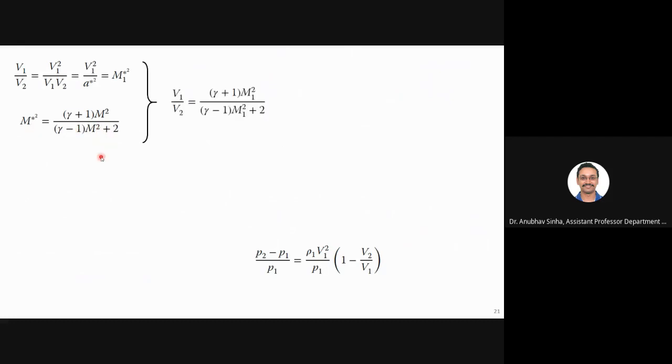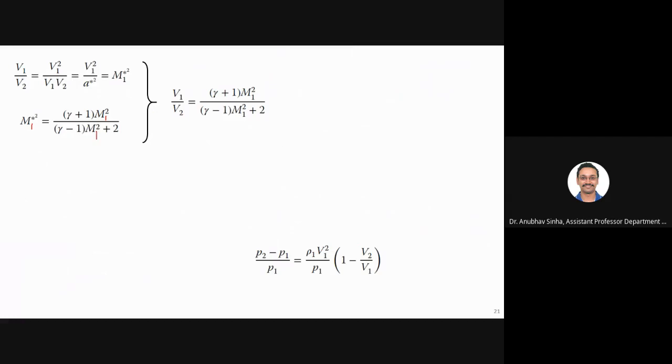If now I combine these two relations, what I will do is write V1 by V2 is equal to M1 star square, and then instead of writing M1 star, I will use this relation. Here it is only M. If I write it in terms of M1 star, this will be M1 and this will be M1.